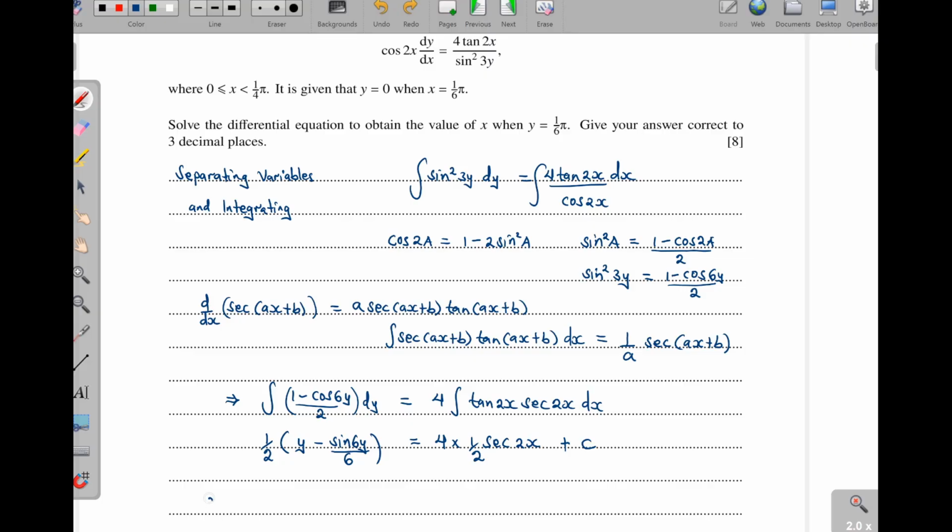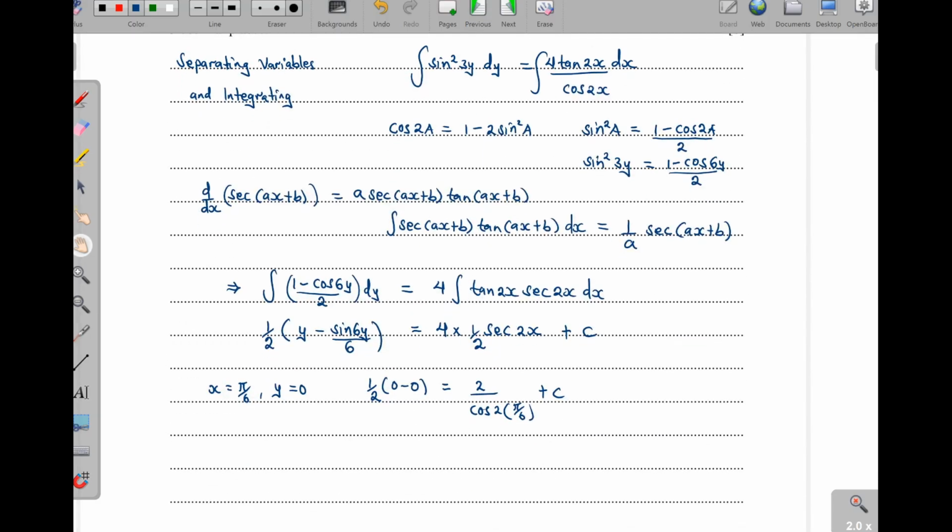So we have x is equal to pi over 6, and then y is equal to 0. So we have a half, then 0, and then 0 here. This one shall be equal to 2 sec, and sec is the same as 1 over cosine. So cosine of 2, and then x is pi over 6, then plus the c, not so? And then, of course, this one is a 0, so when this one crosses, it becomes a negative. Now, here we are going to have 60.